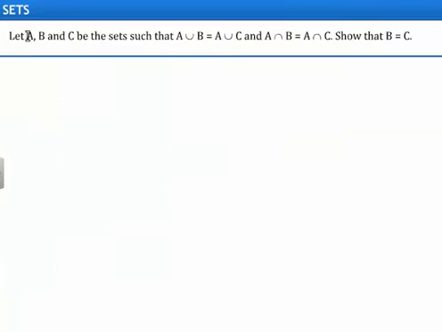In this question, we are given 3 sets A, B and C, such that A union B is equal to A union C and A intersection B is equal to A intersection C. We need to show that the set B is equal to the set C. Let us see the solution.